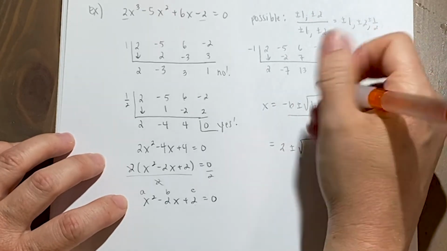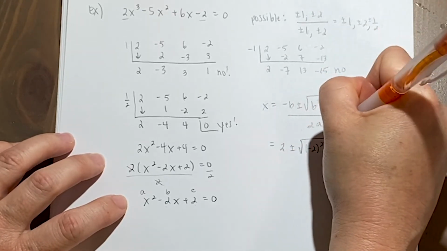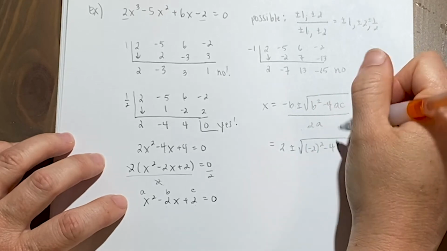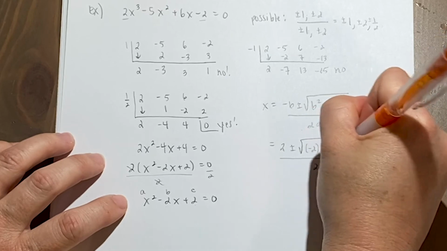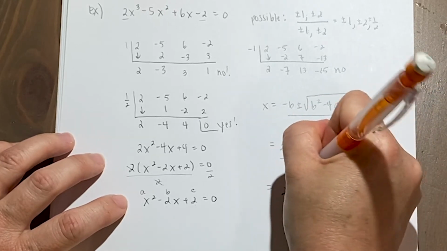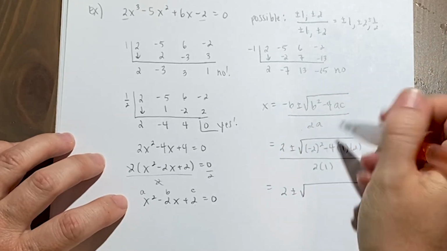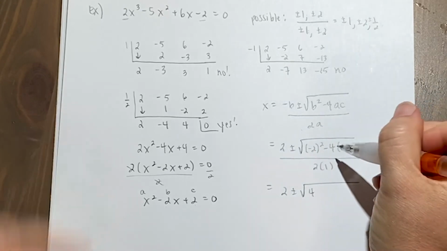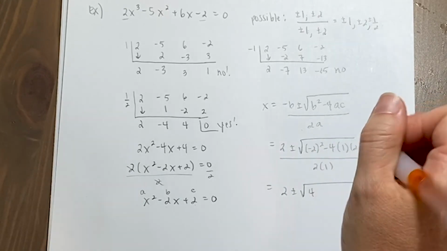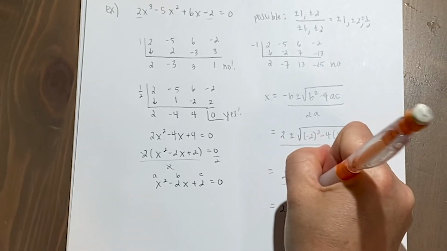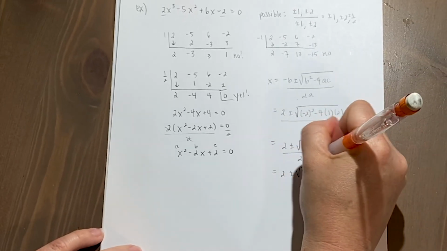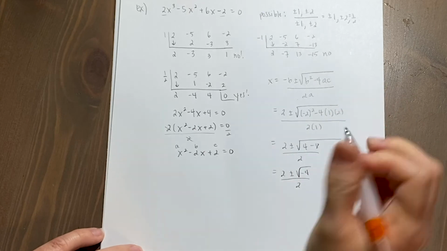Plus or minus the square root of b squared, so negative 2 squared, minus 4 times a times c, all over 2 times a. Negative 2 squared is positive 4. Negative 4 times 1 times 2 is negative 8. That's all over 2. 4 minus 8 is negative 4 over 2.